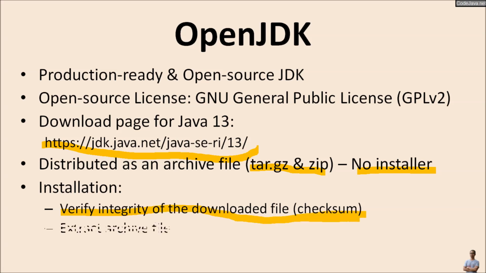Compare the checksum. We check the archive file, and then we need to update the system environment variable path and JAVA_HOME. Also, in this video, I will guide you how to configure Eclipse to run with OpenJDK 13.